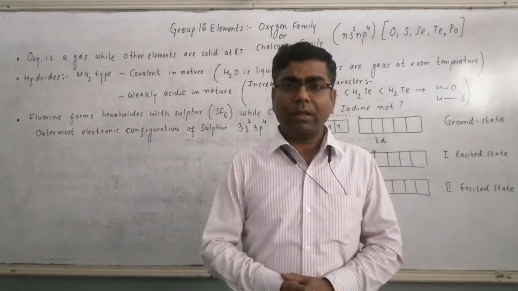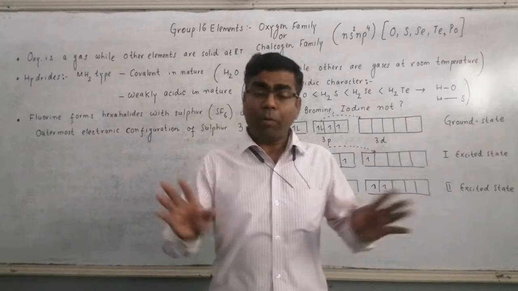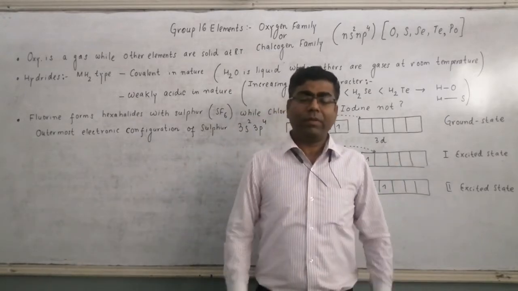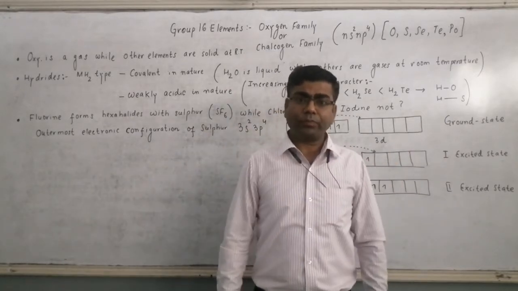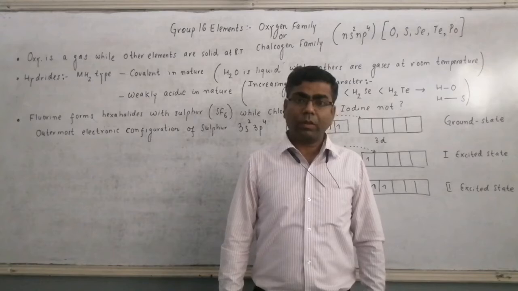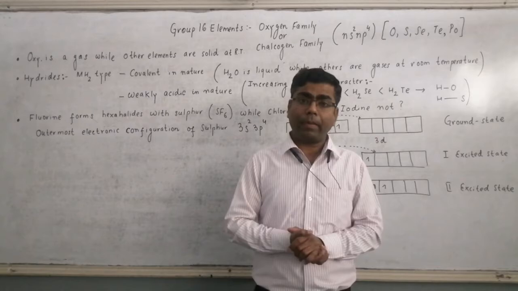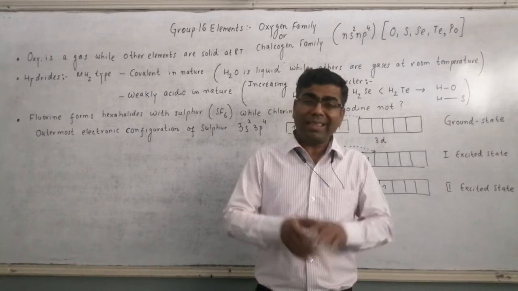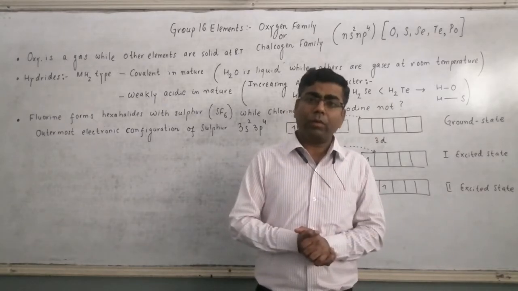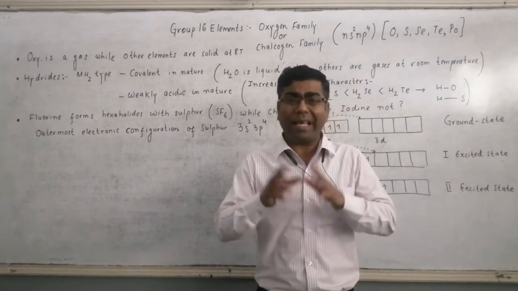They have more size. A double bond is not stable with atoms having more size, so they form single bonds and exist in the form of a puckered ring-like structure.